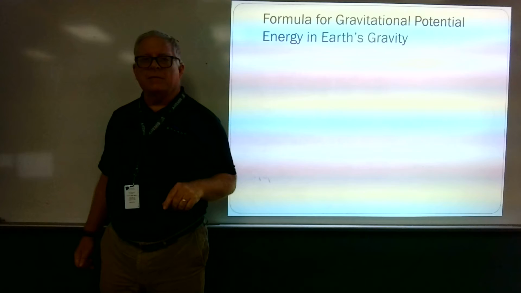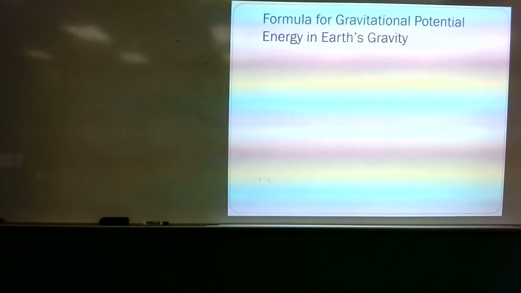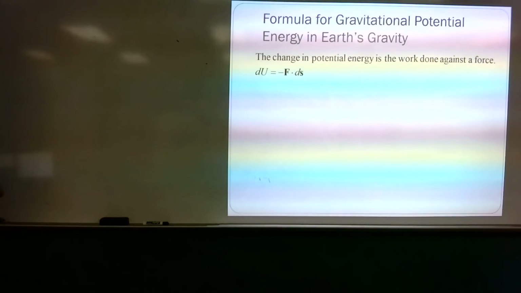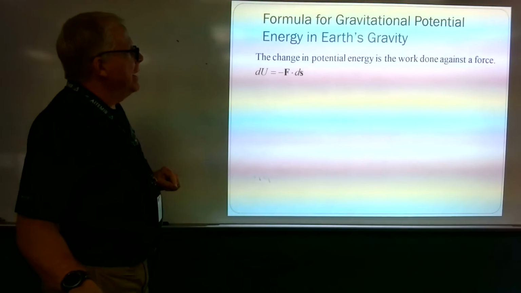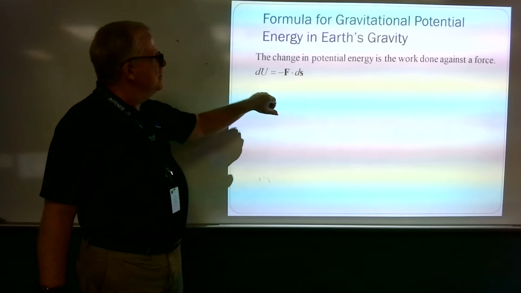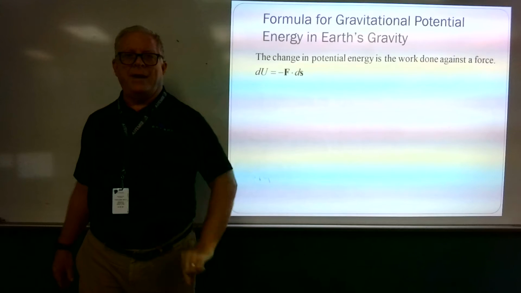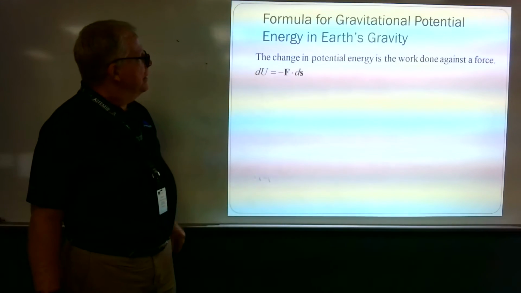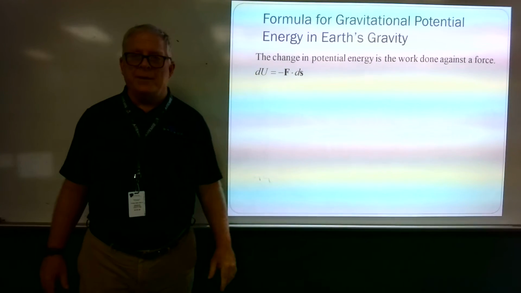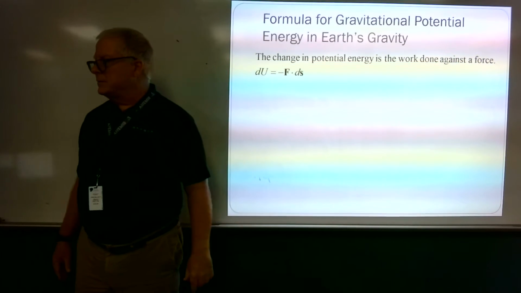So in that case, let's go back to first principles. The change in potential energy is equal to the negative of the work done by the force. So it's the work done against the force, or the negative of the work done by the force. Well, if this is the force of gravity, and ds is a little bit of the path that our object is following, then negative F dot ds should be the little bit of potential energy change that thing undergoes.